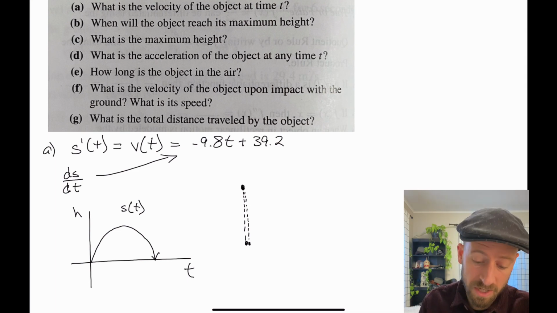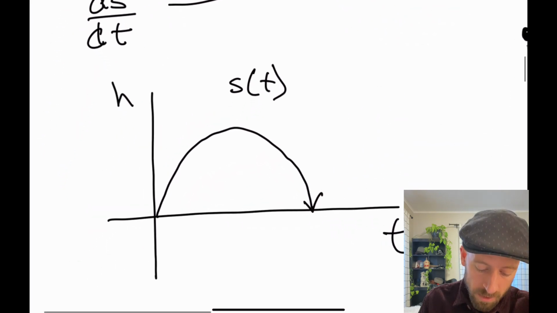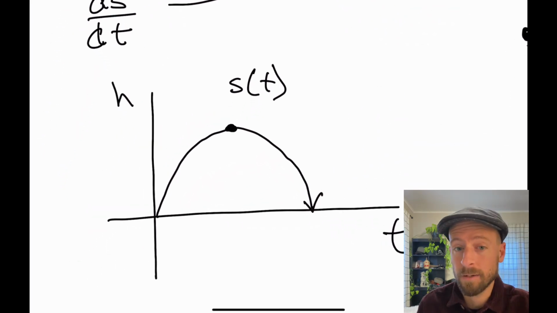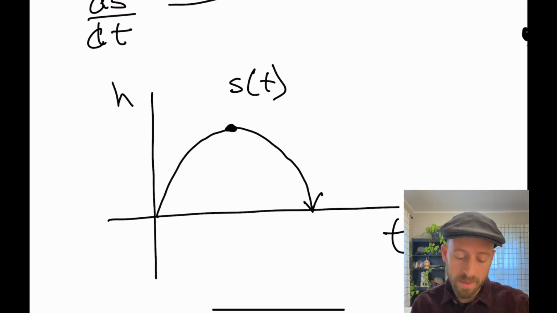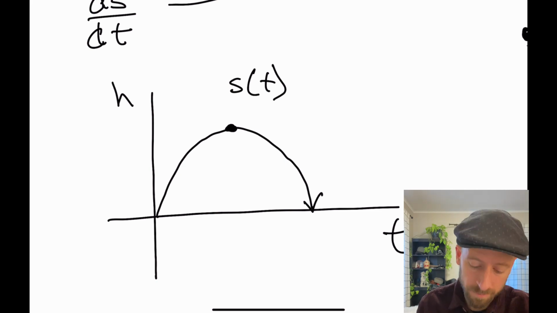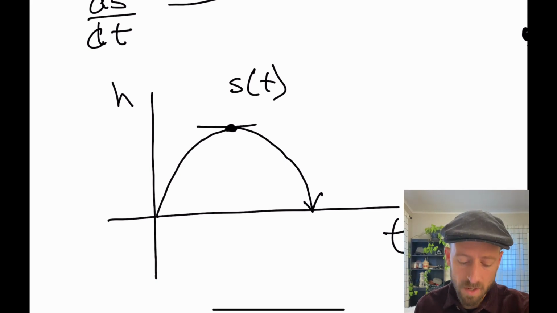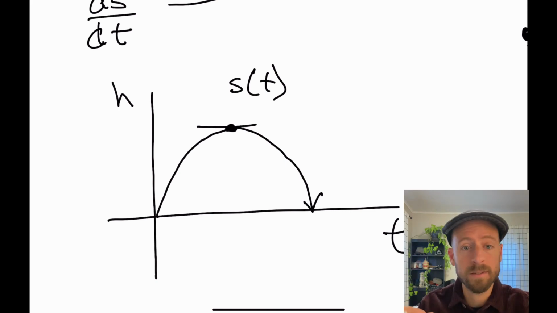When will the object reach its maximum height? So we do want to think about when it is going to get to this point right here, the maximum height. And so one way to do that would be to find the tangent line. When is it horizontal? When are we going to get a horizontal tangent line? And that'll happen when the velocity is 0, right?